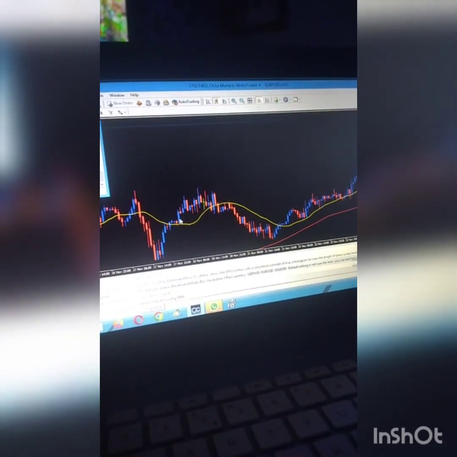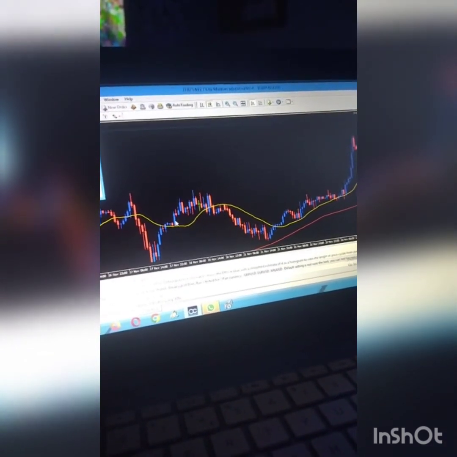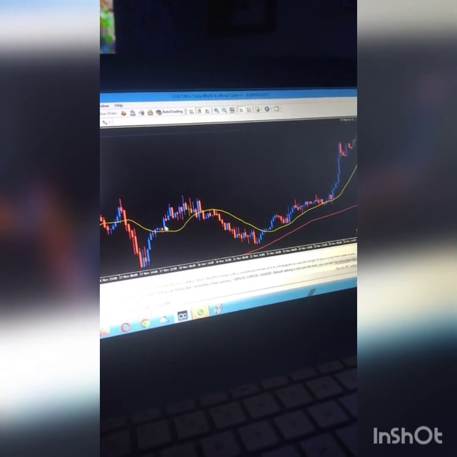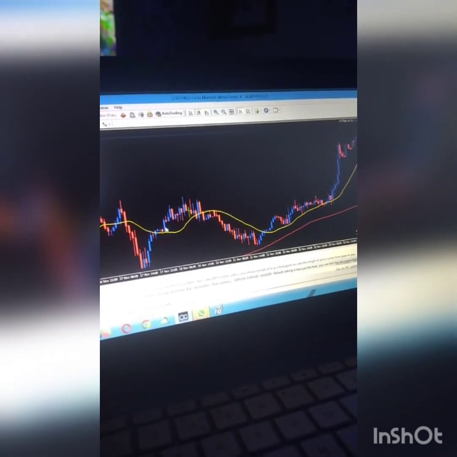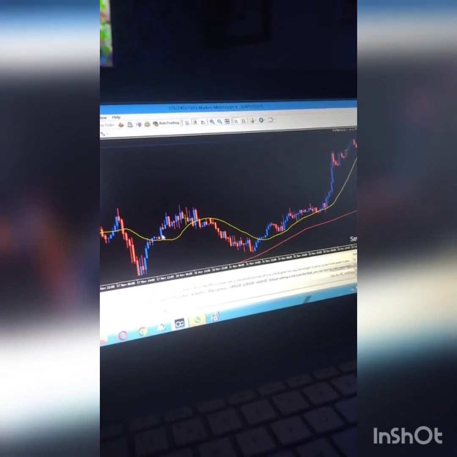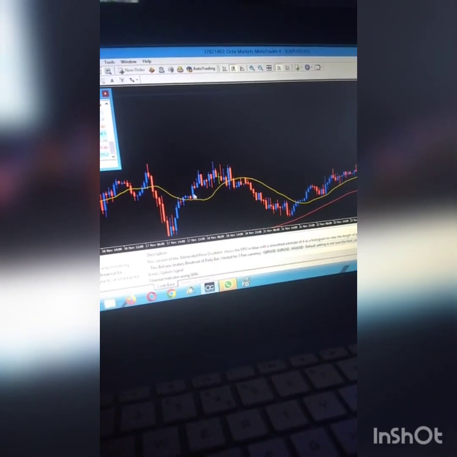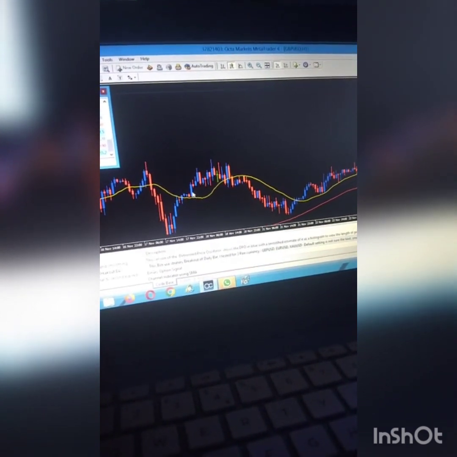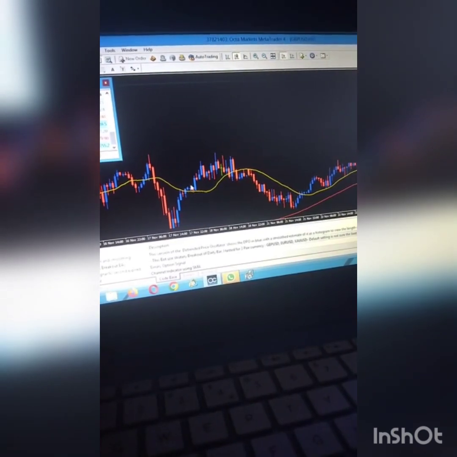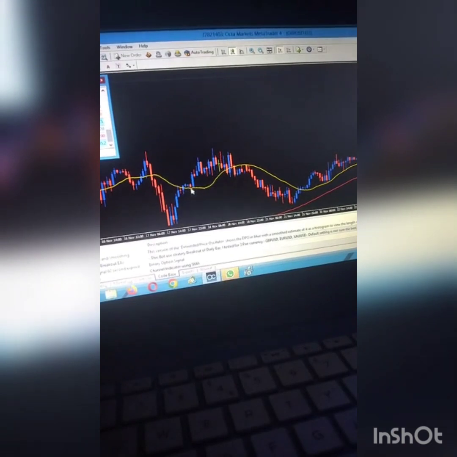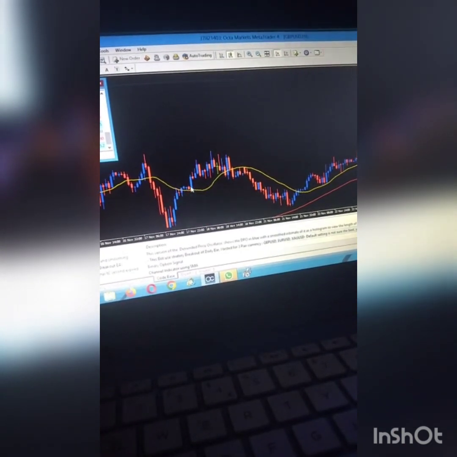Now, every time, if you want to buy, remember, the price has to be above moving average 200, SMA 200, and they have to be close to each other. So if price is above moving average 200 and they are close to each other, then you see a red candle that closes around moving average 20.